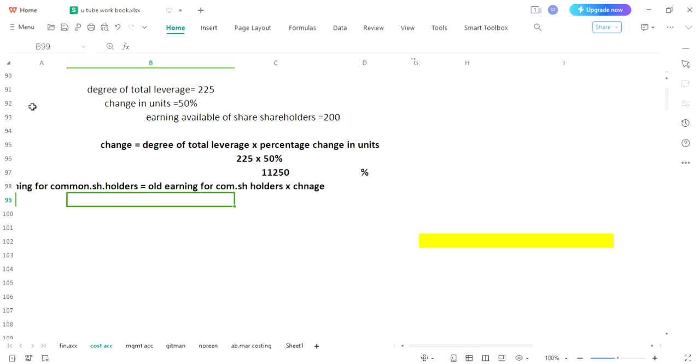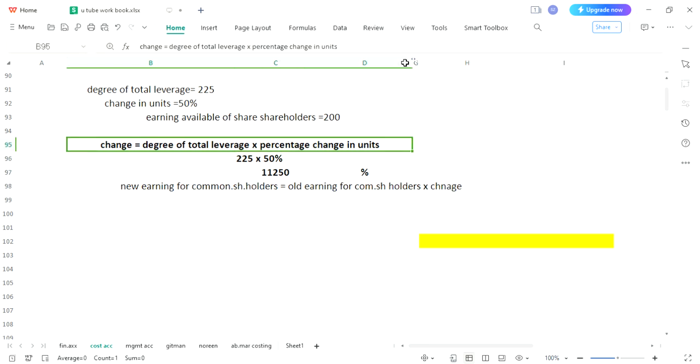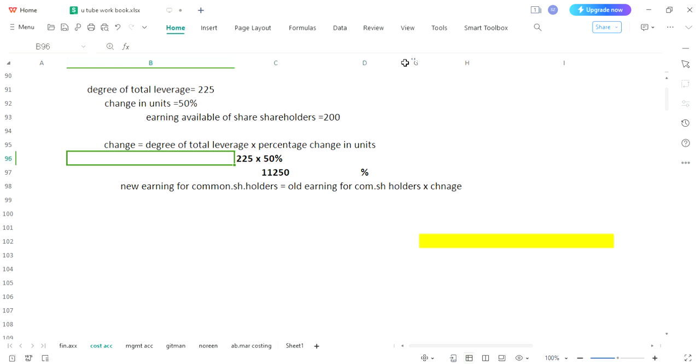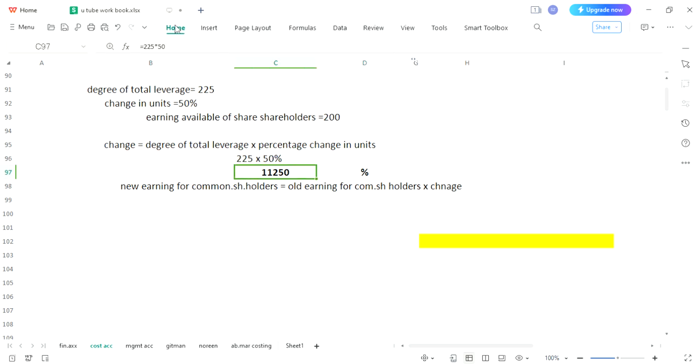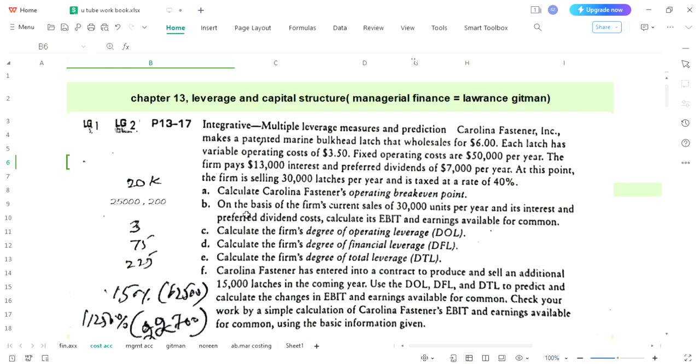Change was calculated over here. You will have to take some time for understanding, because the matter is very simple. It may look complicated, but this is the simplest thing. Percentage was calculated, and you have just applied that percentage change. Let me check this percentage first. Answer was 11,250. This is your last part, and 11,250% you have calculated.